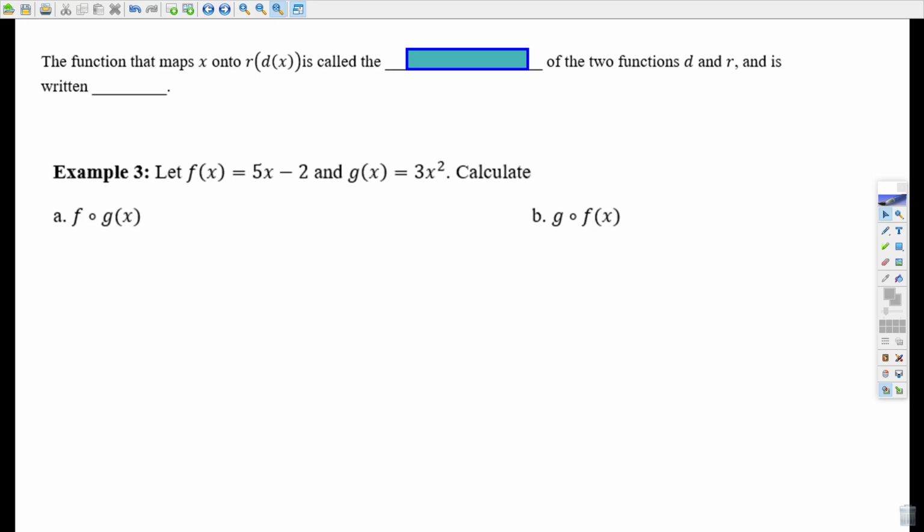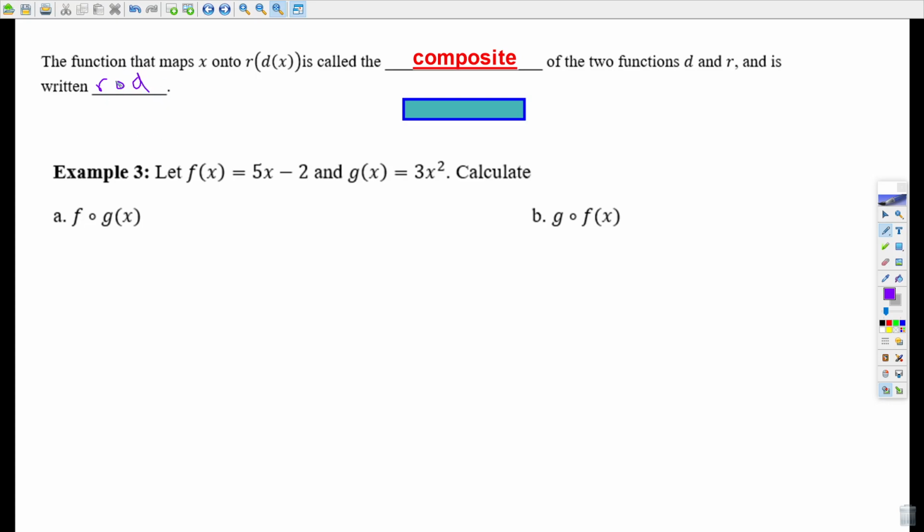All right, last little fill in the blank here. The function that maps x onto R of D of x is called the composite, and is written, you could do this too. Don't forget that other symbol.